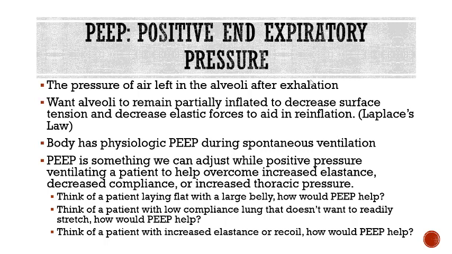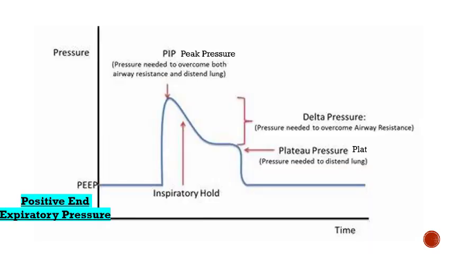Again, if you have this positive end expiratory pressure that's stenting open the lungs after you exhale, it's going to be easier for the ventilator. It's going to be easier to get a breath back in on the next inhalation, because you're not having to overcome as much of that surface tension or as much of that recoil, because it's been stented open with that PEEP or with that volume of gas.